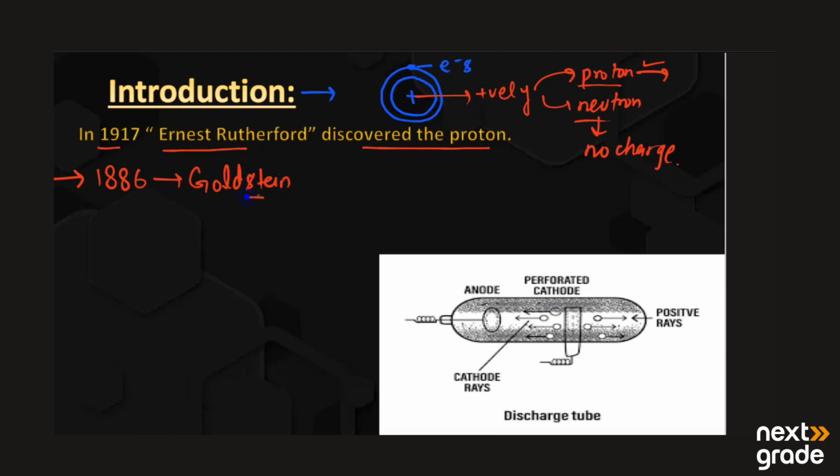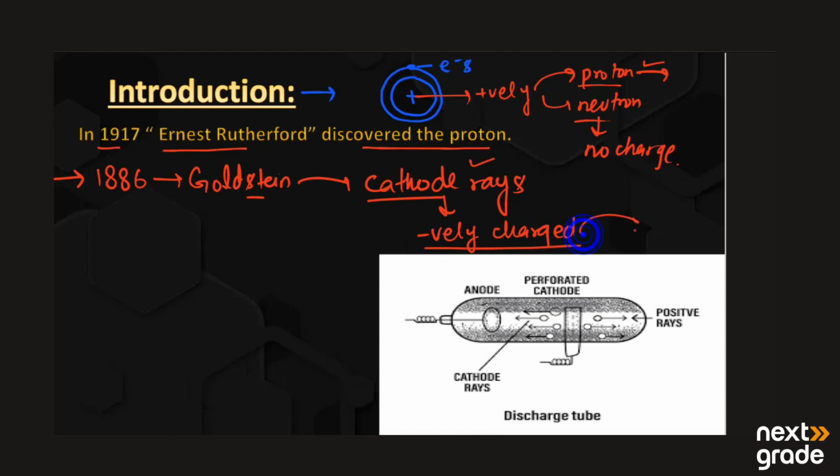Goldstein observed, in addition to the production of the cathode rays, and you must know what cathode rays are: cathode rays are negatively charged particles, and these particles were named electrons. So cathode rays are basically electrons. They were discovered by experiment in the discharge tube.